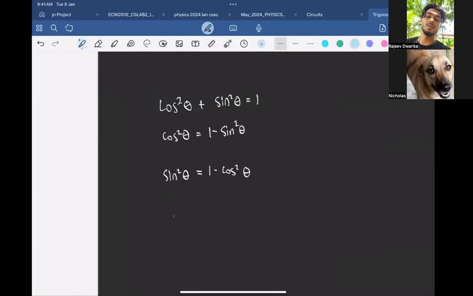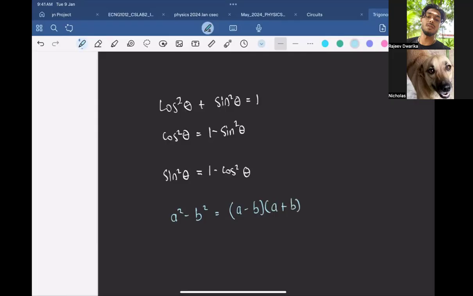A squared minus b squared is equal to a minus b, times a plus b. Yeah, you'd be correct.